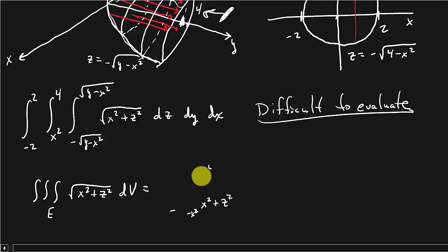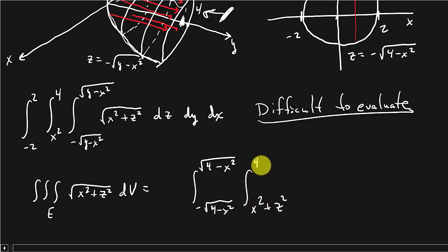And I'm going to rewrite that so it's not all jumbled up. Negative square root 4 minus x squared, square root 4 minus x squared. And then this one was x squared plus z squared, and it's actually square root of x squared plus z squared. And that's dz and then dy.